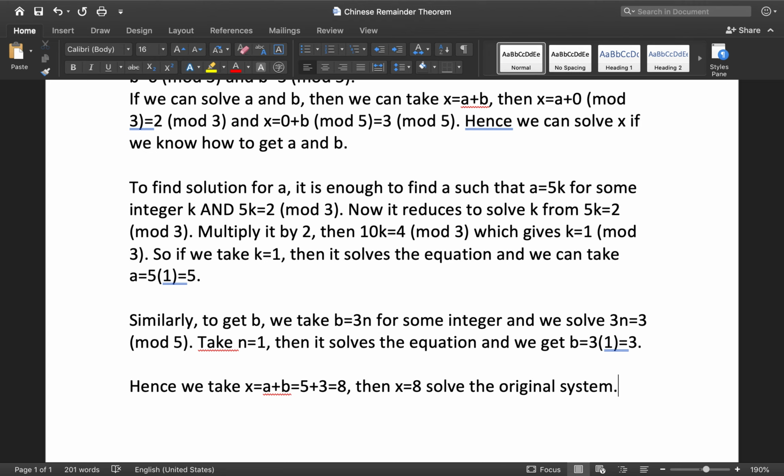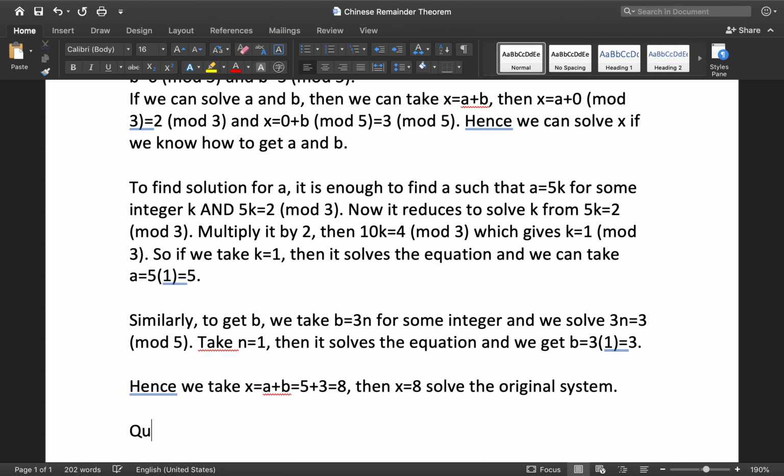Now of course we are not satisfied with this, as I may have mentioned already. We want to solve the problem in a more general way, in the sense that we want to get all the solutions.